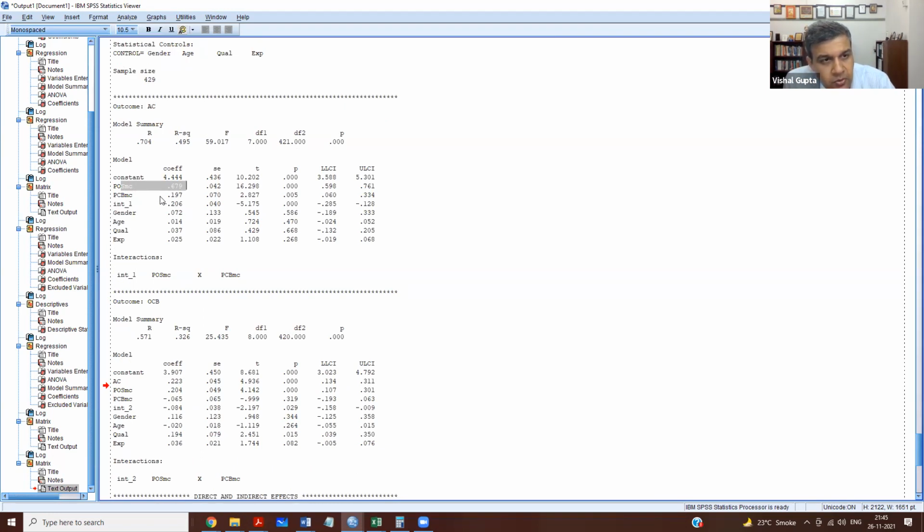Then what is A2? A2 is the path from PCB. So this is 0.197. It is significant at double star, P less than 0.01. And then the interaction term is minus 0.206.